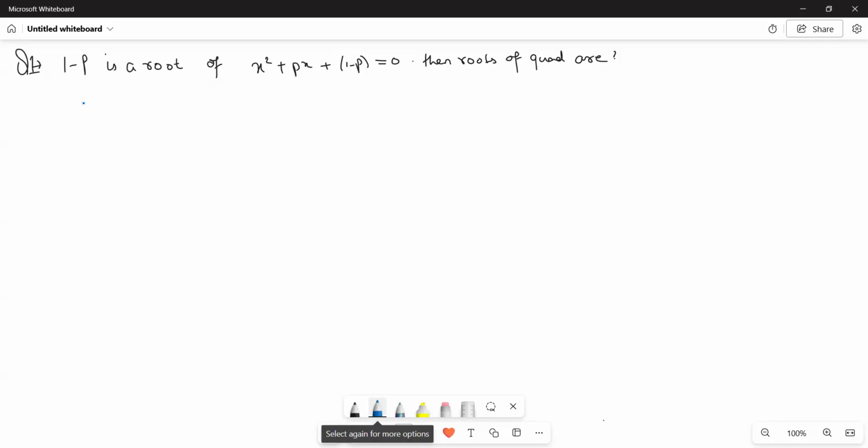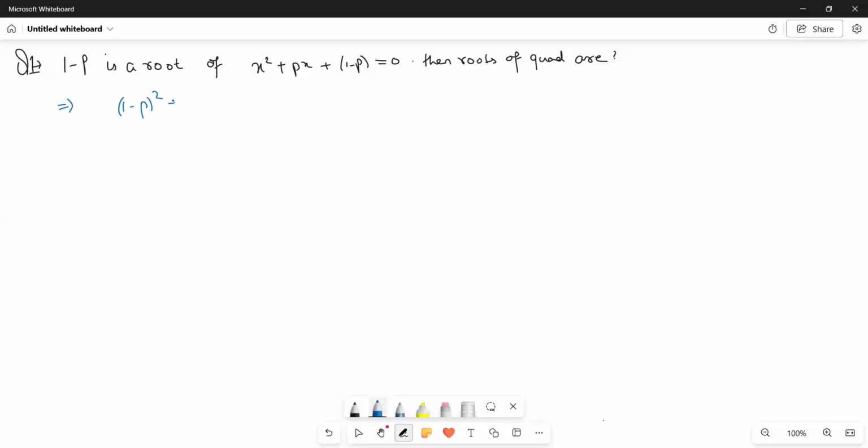So 1 and minus 2. No, that's not in the options. Okay, let's try this. If 1 minus p is a root of this equation, then 1 minus p must satisfy the equation.